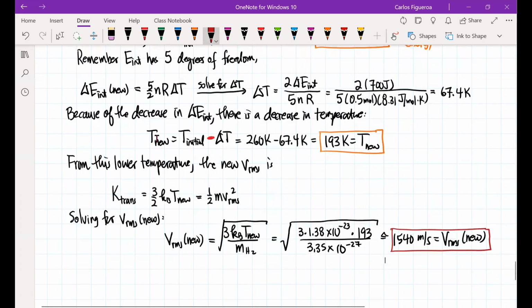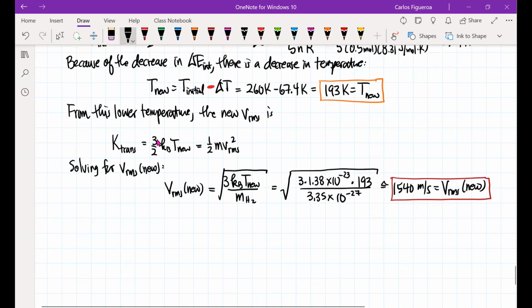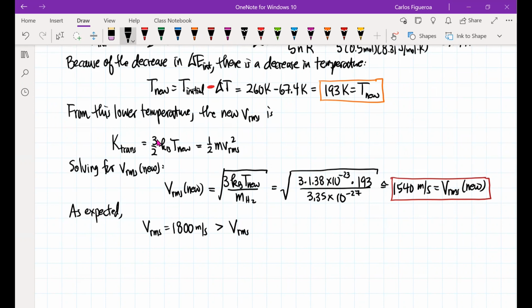And as expected, V RMS, the initial one, was equal to 1800 meters per second. After the process, there was a reduction, and you can see that this is 1540 meters per second, which agrees with what we expected.